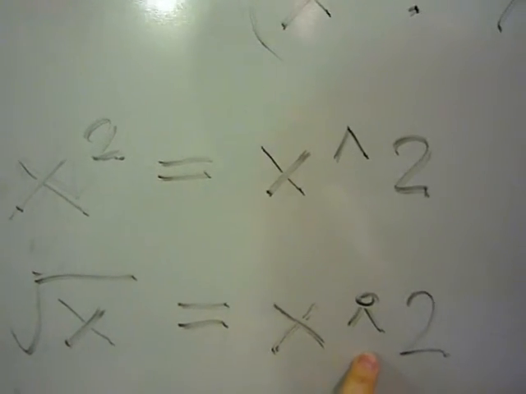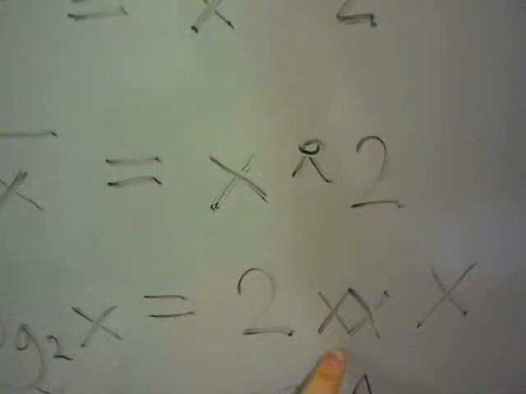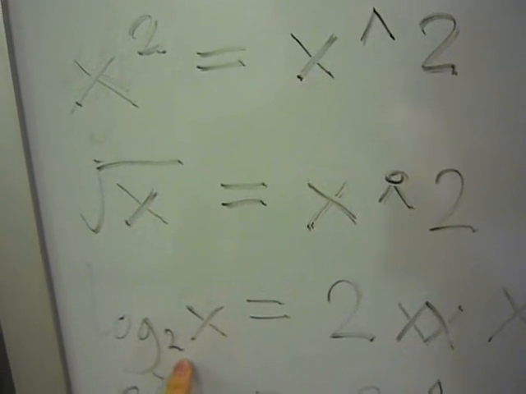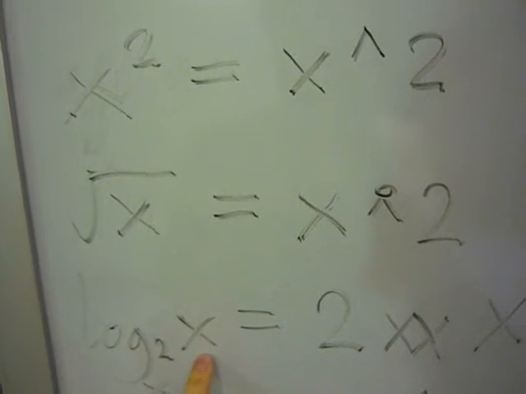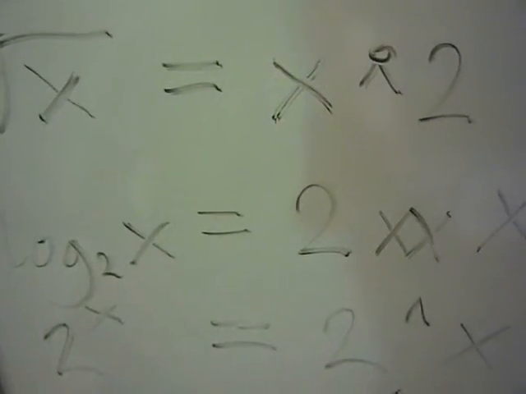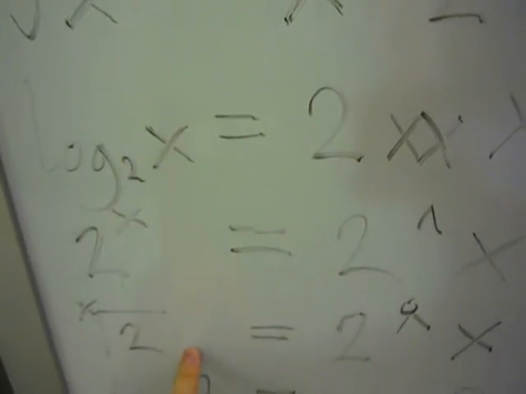But here I have this symbol, which I'm using for root, and here I have this symbol, which I'm using for logarithm, and I'm keeping the order the same, so it's the base and then the power. So likewise, these work if 2 is the base or if 2 is the power.